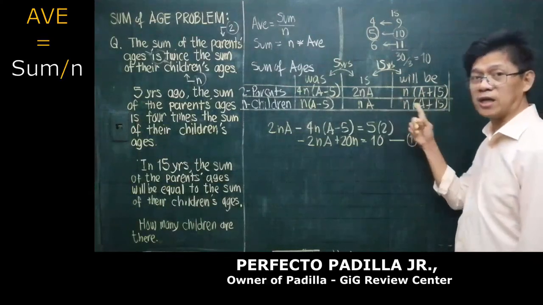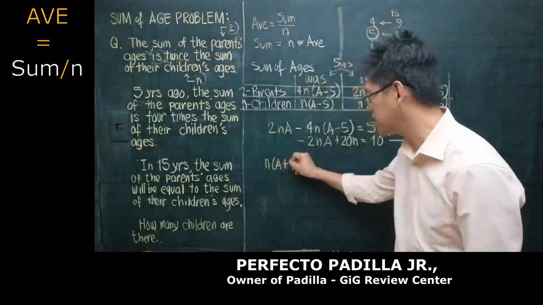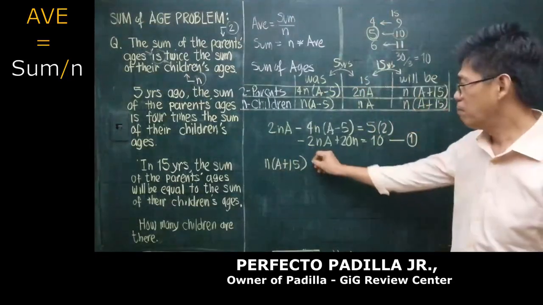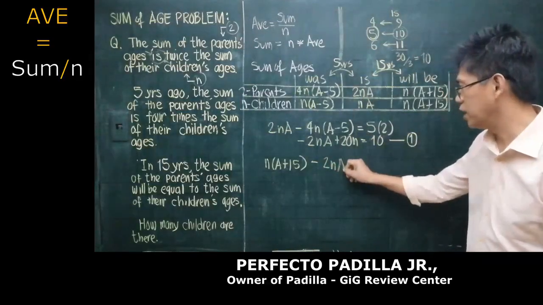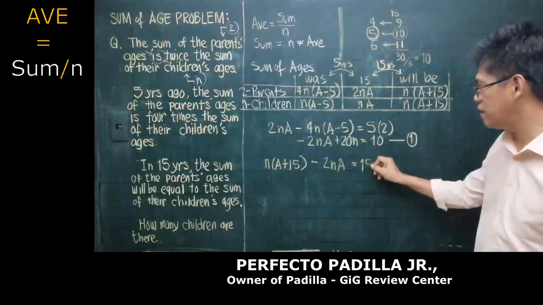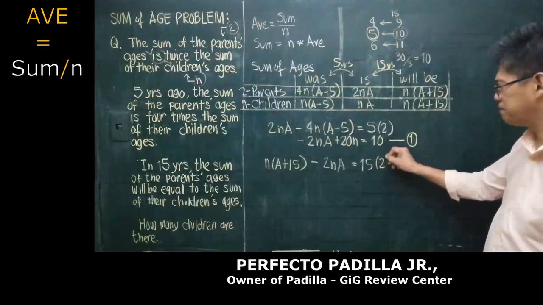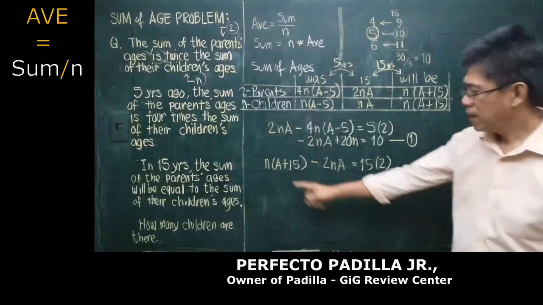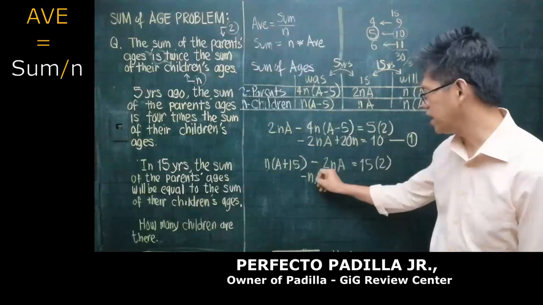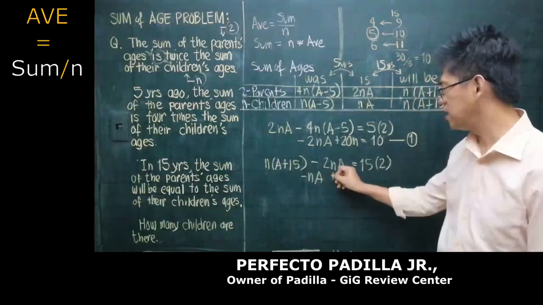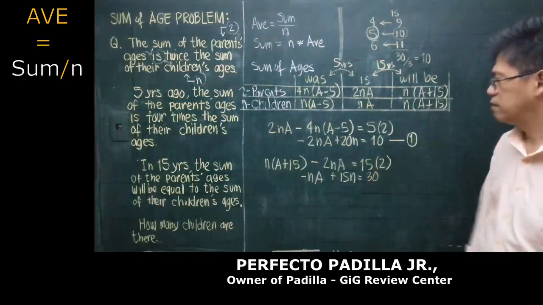So the sum of parents' ages during this time, that's n times a plus 15 minus the sum of their ages at present, 2NA, must be equal to 15 years times the number of persons in that group. This is 2. So, NA minus 2NA, this is minus NA. N times 15, this is 15N. And this is going to be equal to 30. You follow?